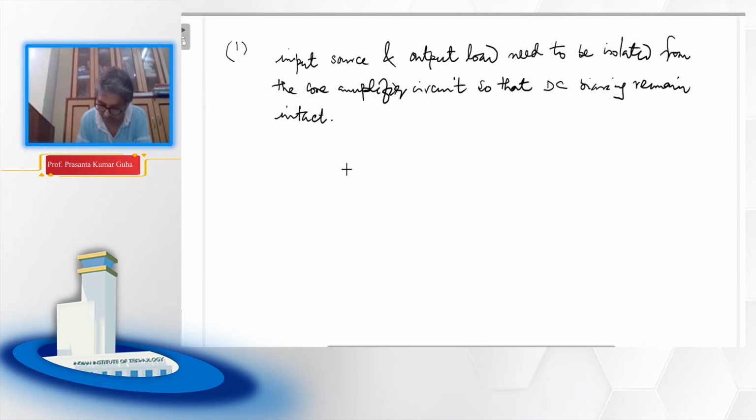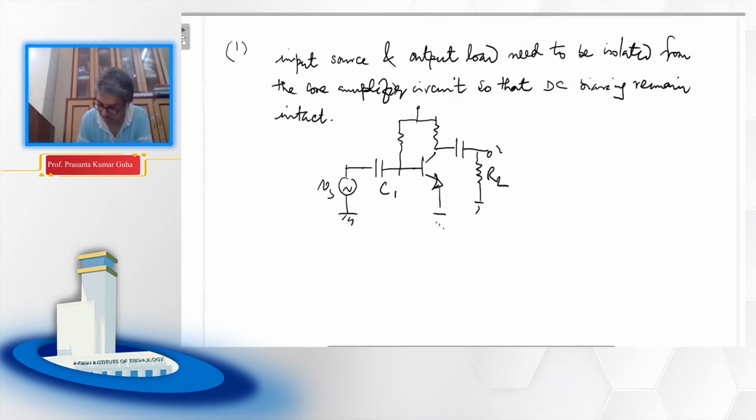So you remember that we need to have a coupling capacitor here. Whatever be our biasing mode, whether it is single resistor biasing or voltage divider biasing, we need to isolate this input signal from this core biasing circuit, and also we need to isolate the output load.